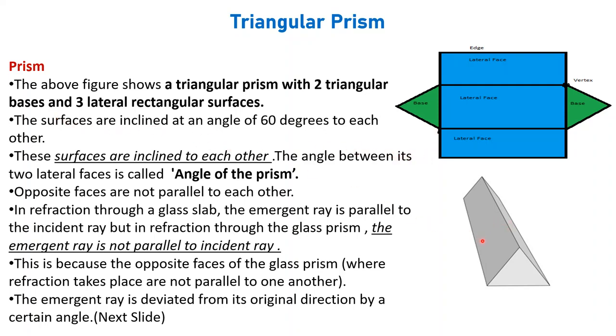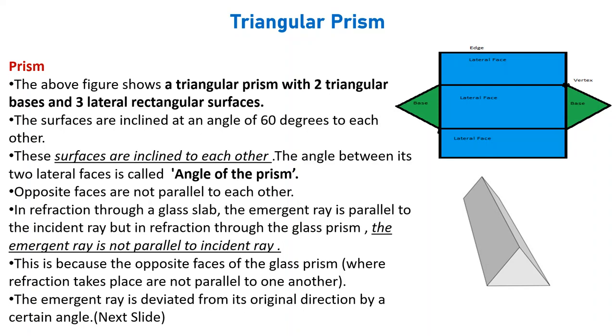You can see these two surfaces are inclined at an angle of 60 degrees to each other. Children, here we are talking particularly about the triangular prism. So this configuration is for the triangular prism and not any other prism. Clear?